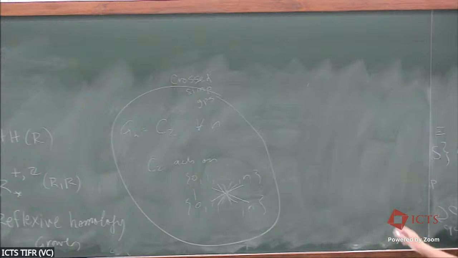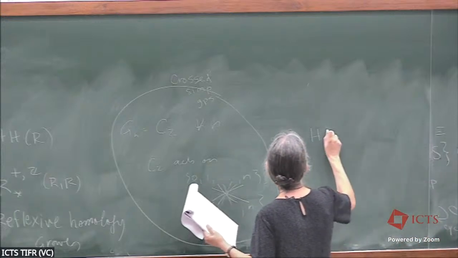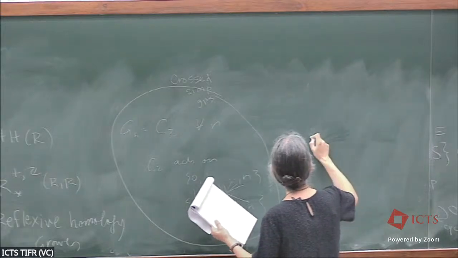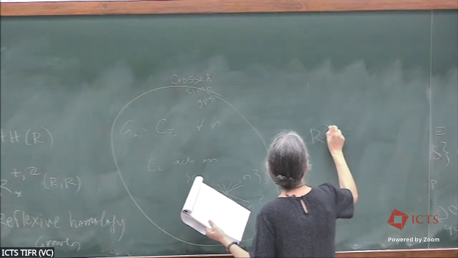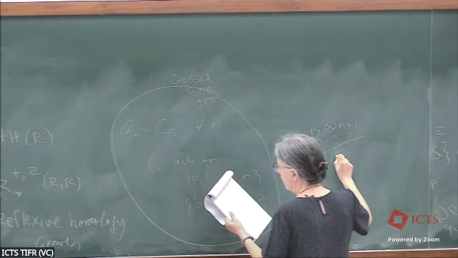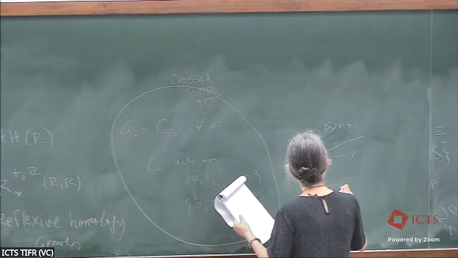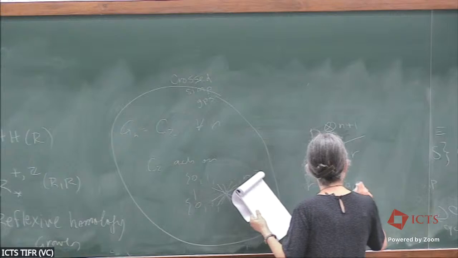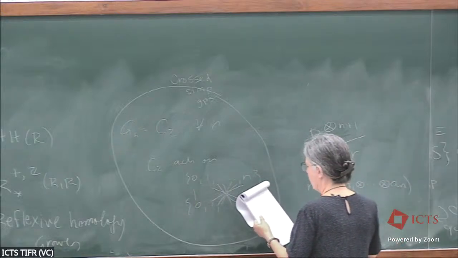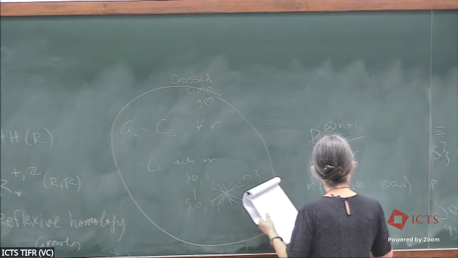In the case here, it gives you a complex where it's basically R tensor n plus 1 in dimension n modulo 1 minus r, where r of A0 tensor A1 tensor An is equal to, the interesting part is the sign, n plus 1 over 2.